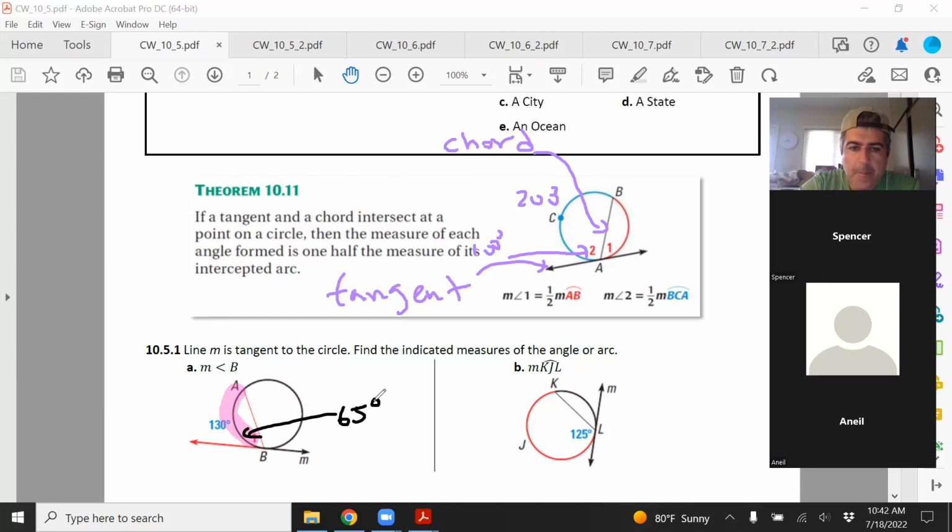Here, you're told this angle is 125, so the arc is going to be 250. Arc KJL is labeled in red, obviously. Arc KJL, so that's 250. Questions on that?